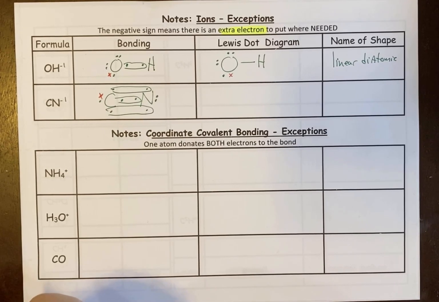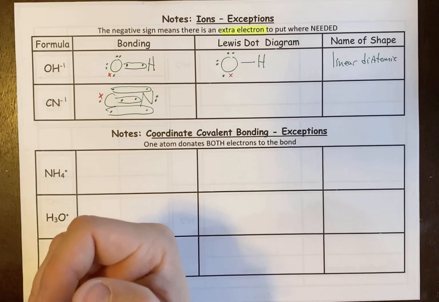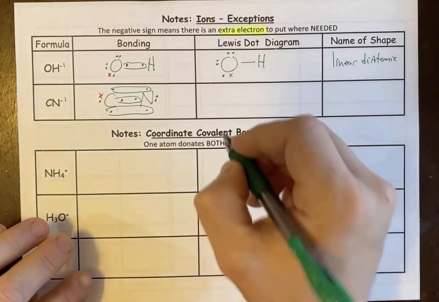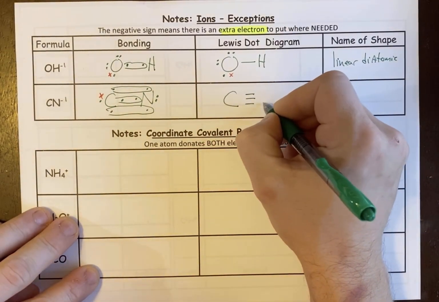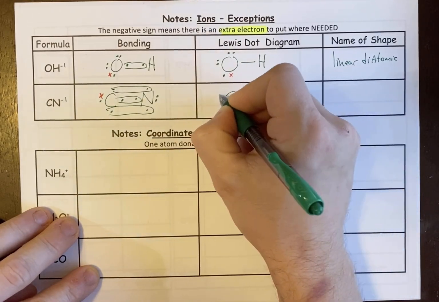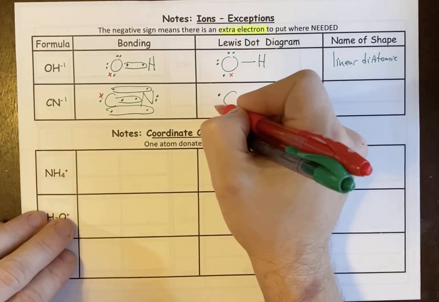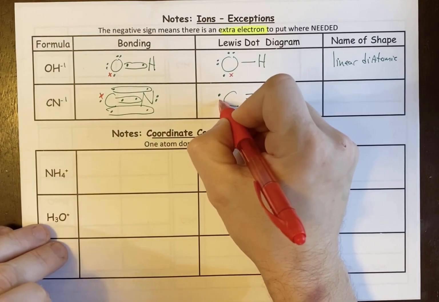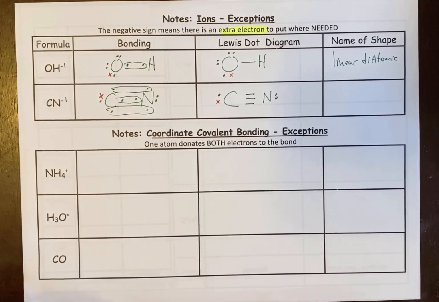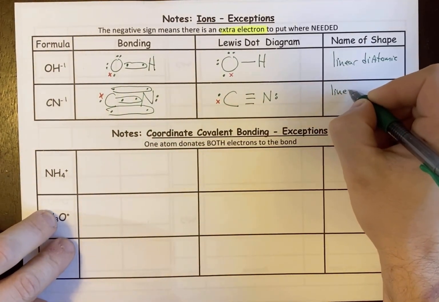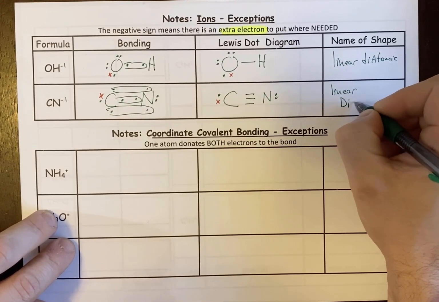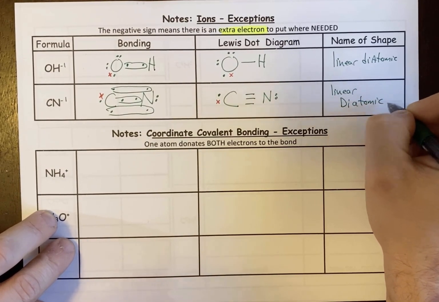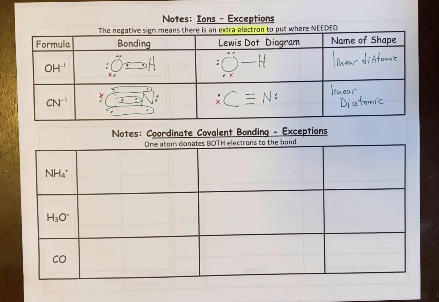So it's basically like carbon had 5 valence instead of 4, and then it only needed to make 3 bonds. It's pretty much adjusting it. Name of shape: linear diatomic.